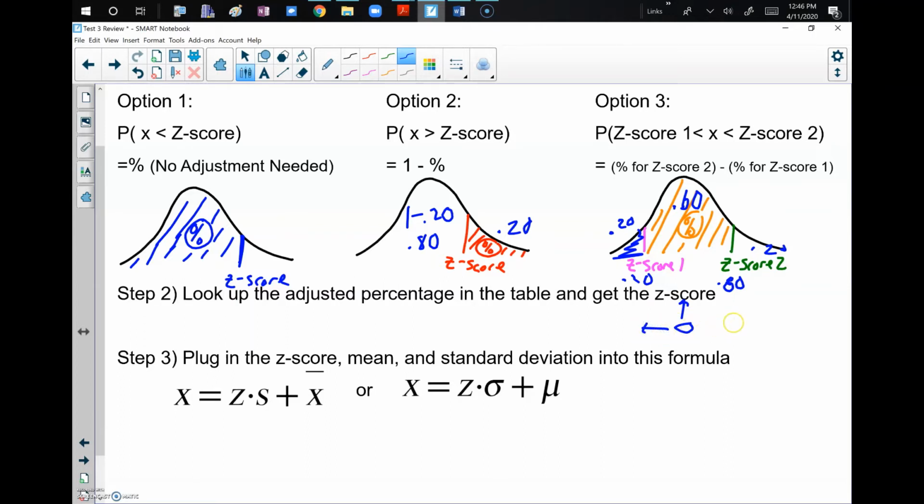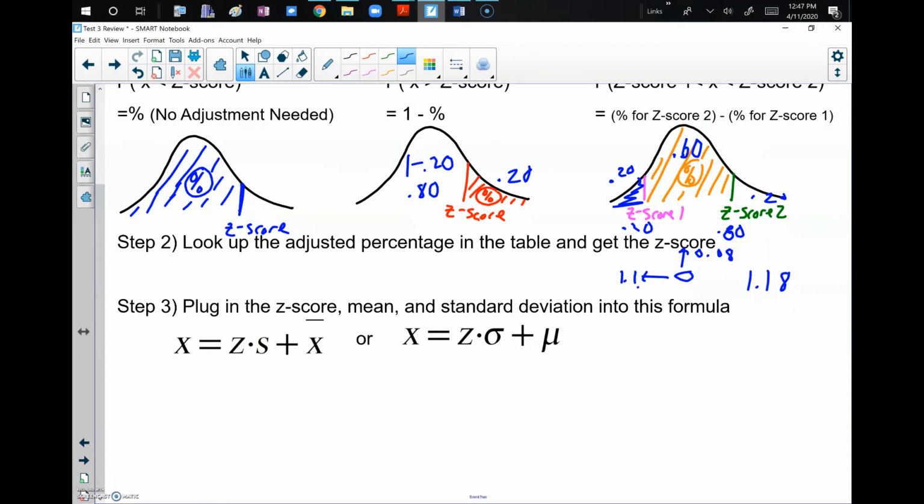So I would have like a z-score where maybe this was, say, 1.1, and this was a column heading of 0.08, and that would yield a z-score of 1.18. So we'd look at the row and column to actually find all the decimal places of our z-score. And then once we know the z-score, we're going to plug those into our equations to get back the data value. So you would take your z-score, multiply it by your standard deviation, and add your mean.